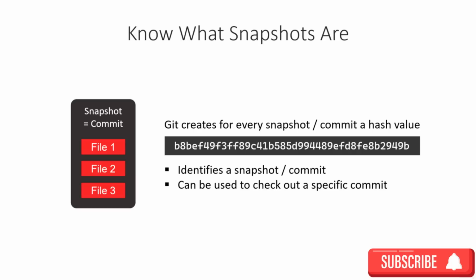Checking out a specific commit can be useful when you look at the history of your code. Then you can see what was actually the state of your code with that commit. In the next clip, you will learn how to do this. You will learn how to look at the history of your code and how to use the hash value to check out a specific commit.